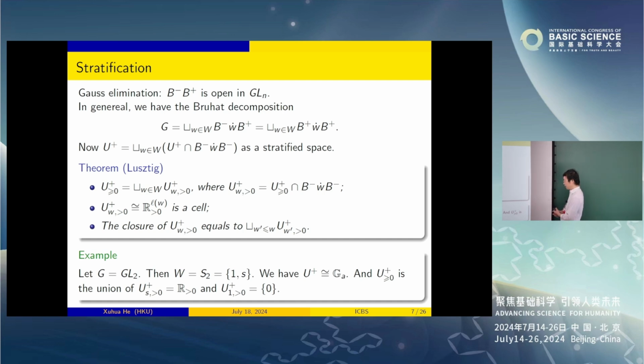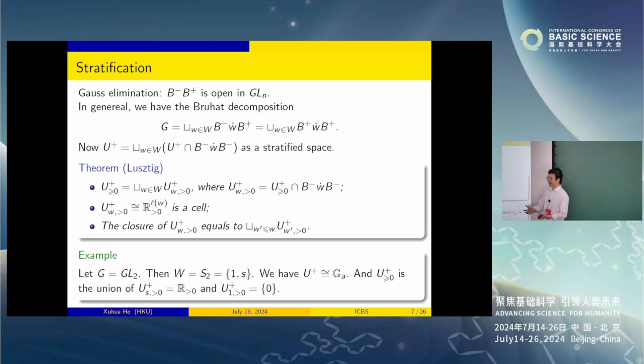And so let me give you a simple example. If you look at G equal to GL2, then this U plus part is just one dimensional. So this is the affine line. And the totally non-negative part of this is the non-negative real numbers.